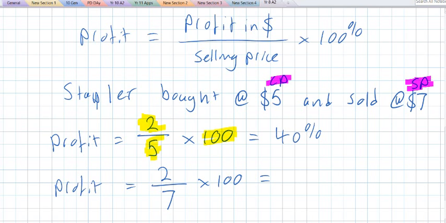CP is cost price. SP is selling price. And where's my calculator? 2 on 7's not easy.